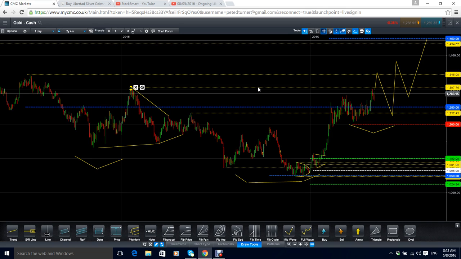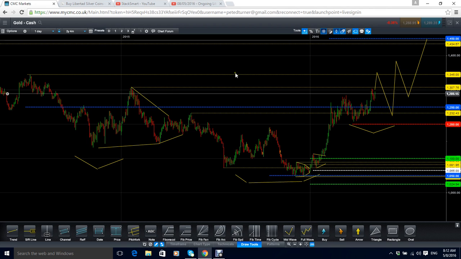So I think we are going to get another revisit downwards shortly. That will be our best buying opportunity for a while, and I think in silver that's going to give us about between $15 and $16. In gold we're talking around between 1200 and 1250 as a price to buy into the rally, in my opinion. But we have got a strong head and shoulders forming there with a target of 1450 heading forward.